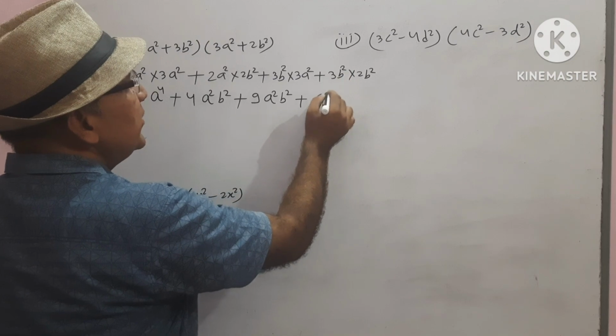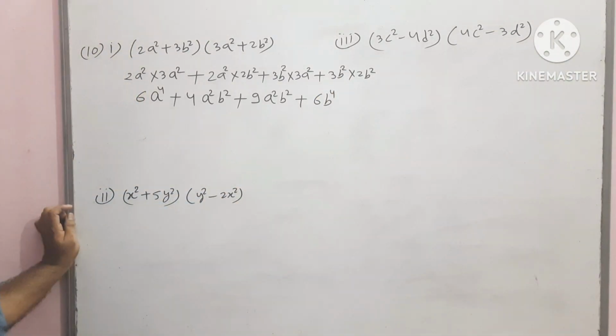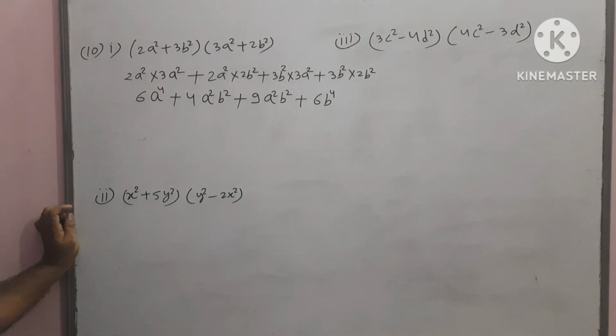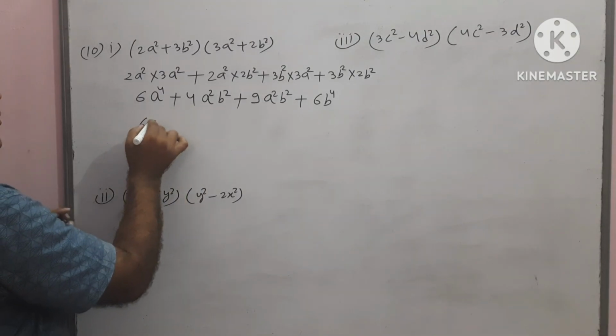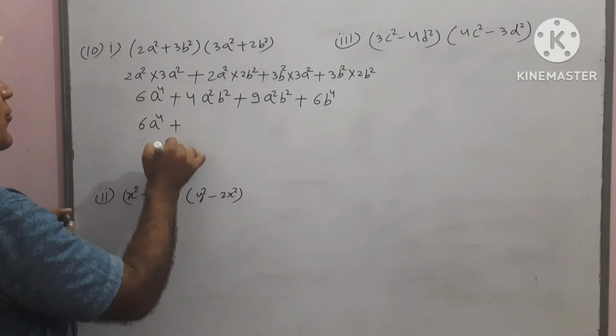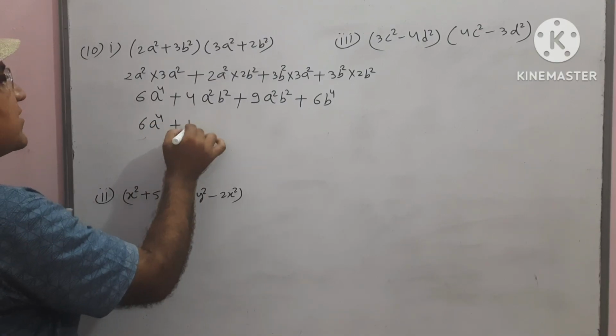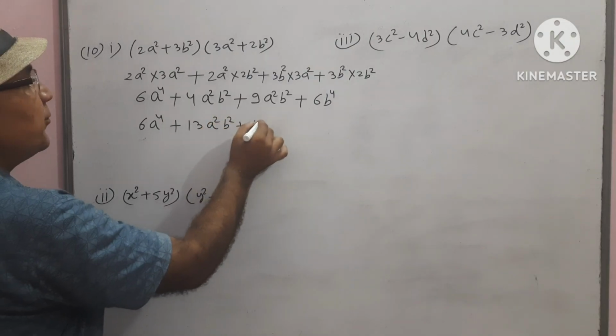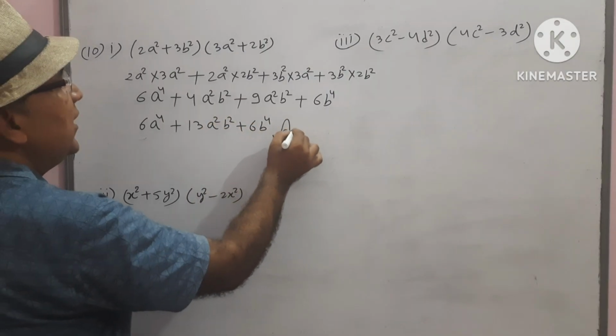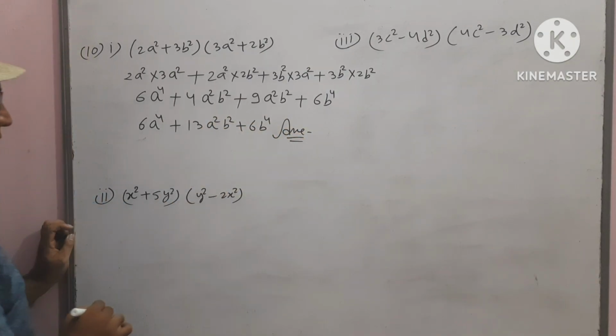B square into b square is b power 4. Now in this term both are positive, so 6a power 4 plus 4 plus 9 is 13. A square b square plus 6b power 4, and this will be your answer.